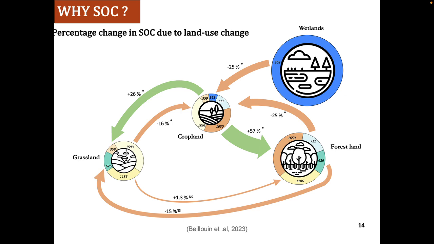That is not significant, but the change from cropland to forest land, for example, permits an increase in soil organic carbon by more than 50%. For example, also here we have cropland to grassland, which permits an increase in soil organic carbon by 26%.